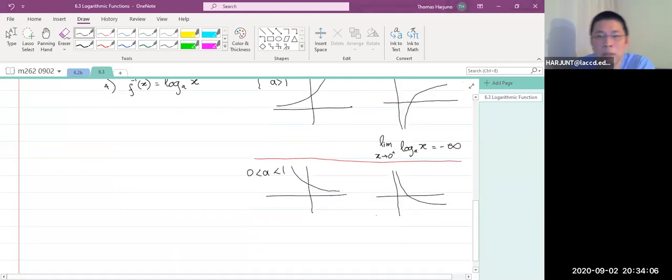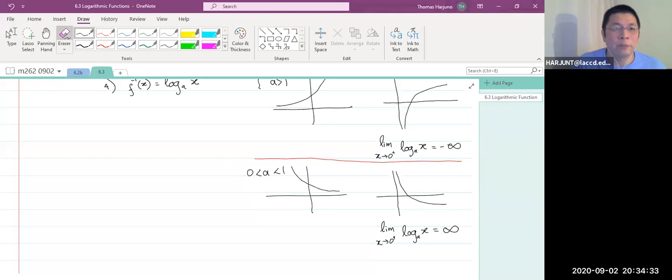Where the limit as x approaches 0 from the right-hand side of log base a of x will be positive infinity. Okay, now that's for log.